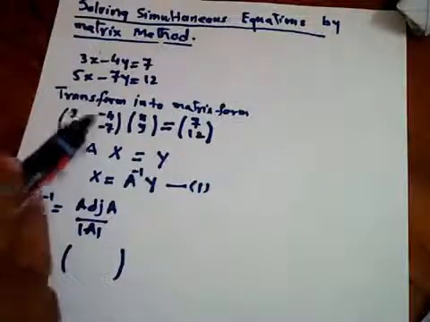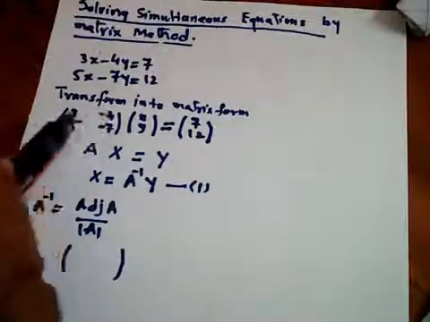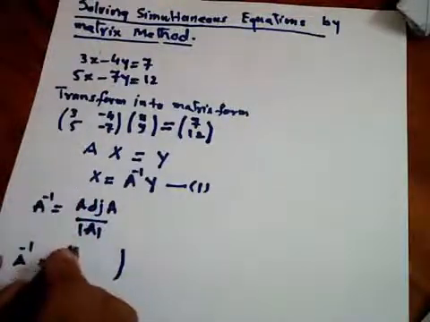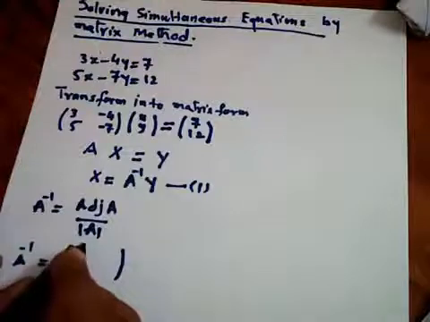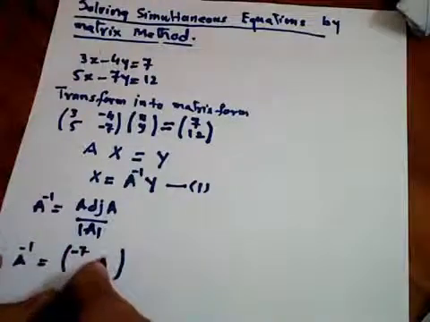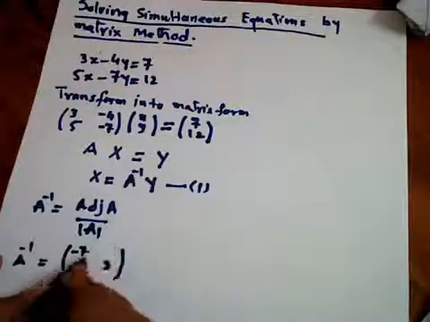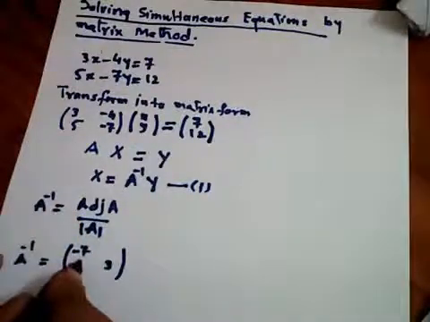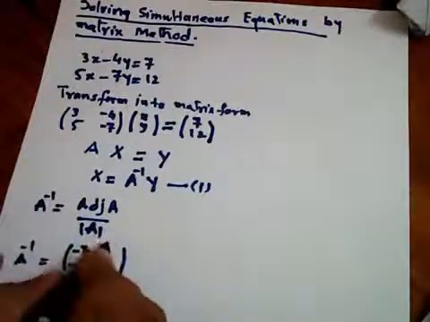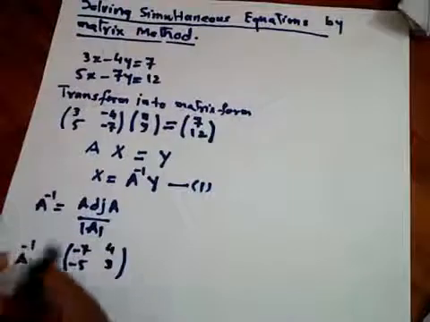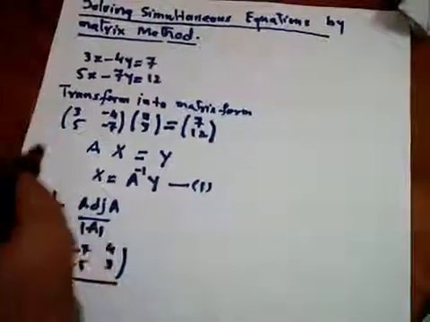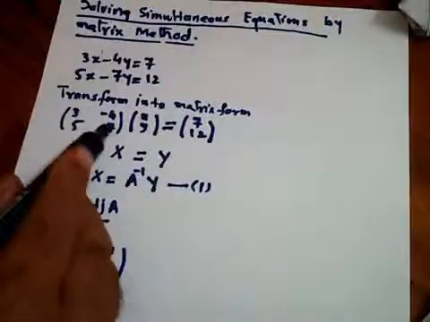So -1 divides the whole matrix. We will change the sign of each and every element in the matrix. So this -7 will become +7, then -4, +5, -3. The negative divides each and every element, so it changes the sign of every element. So we got A inverse.